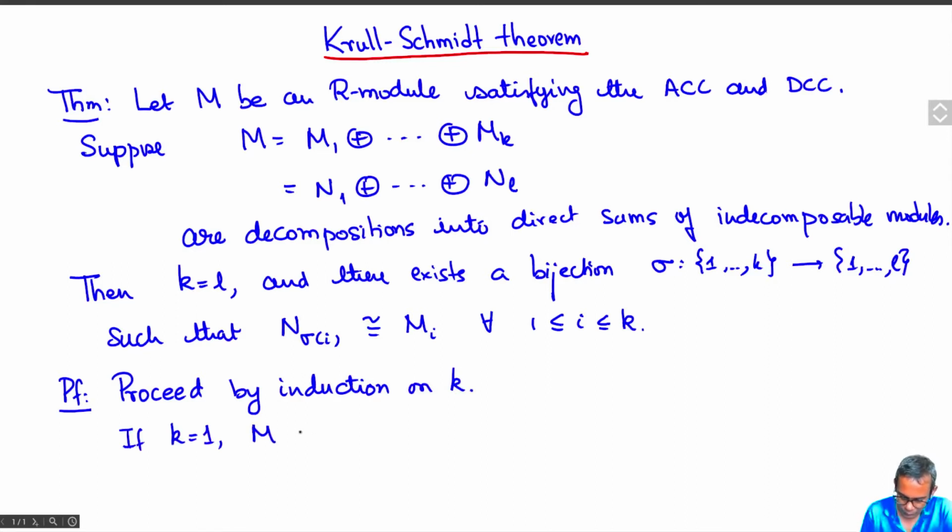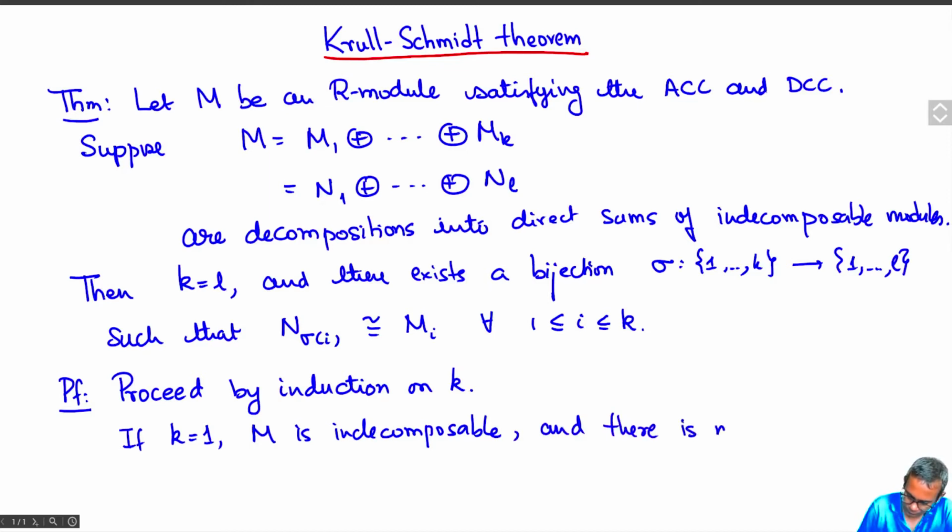M is indecomposable, and so N itself must also have only one summand. Otherwise, let's assume that K is greater than or equal to 2.